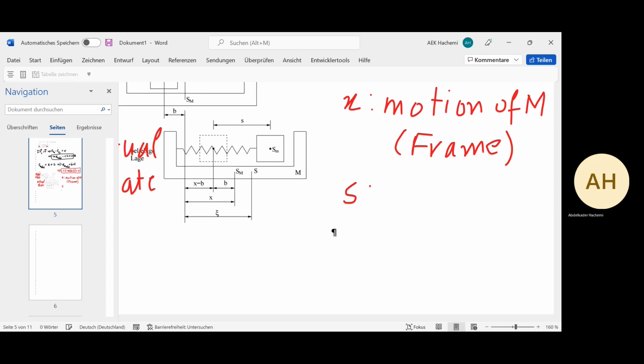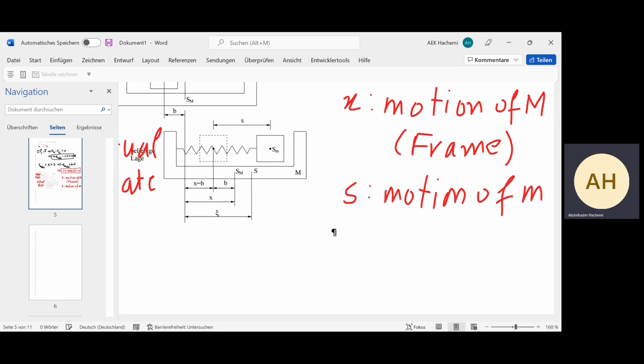As here, the motion position due to the motion of small letter m, and this is here the relative one.